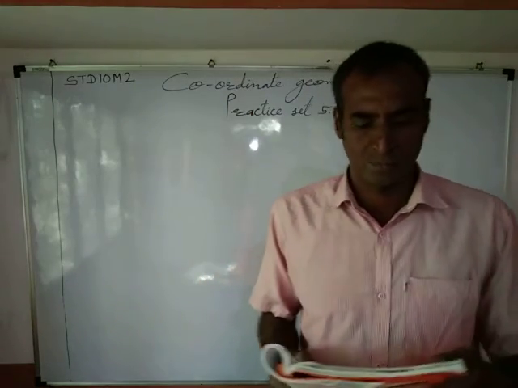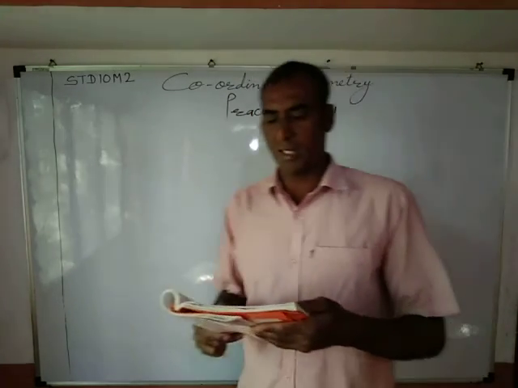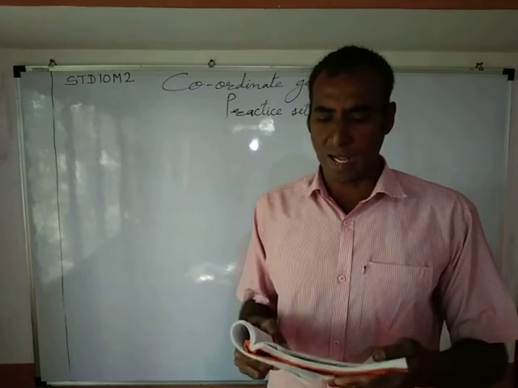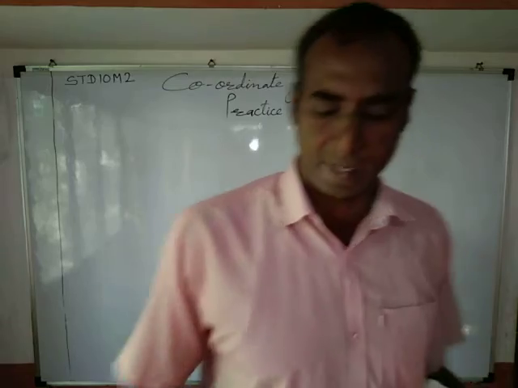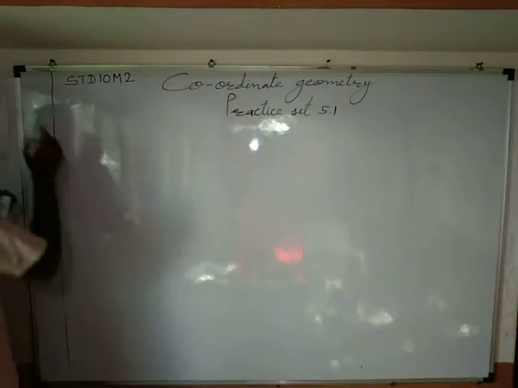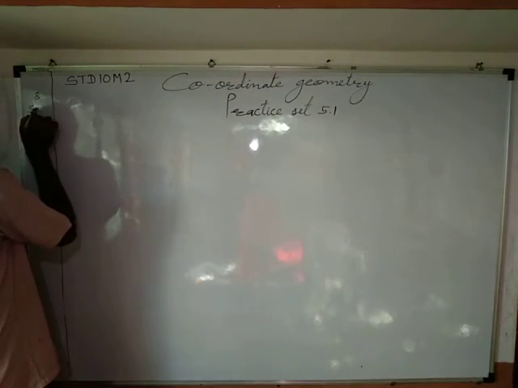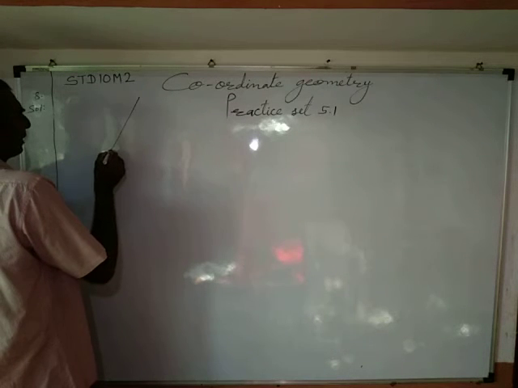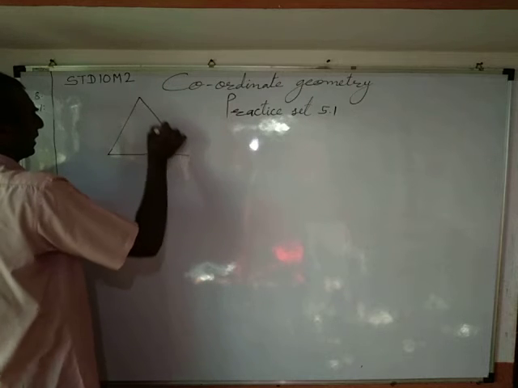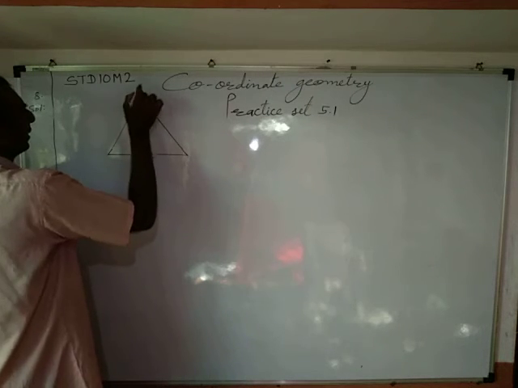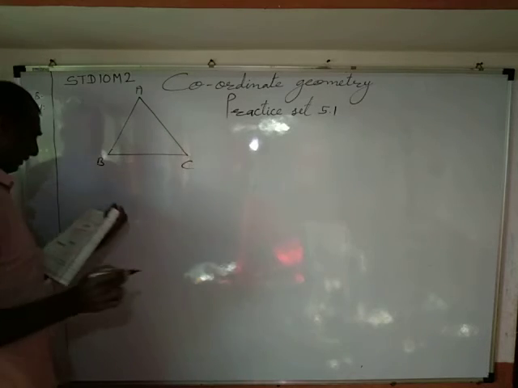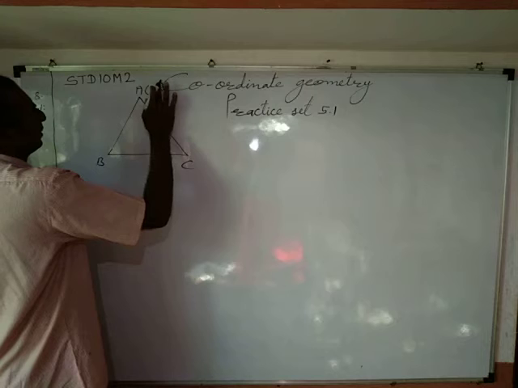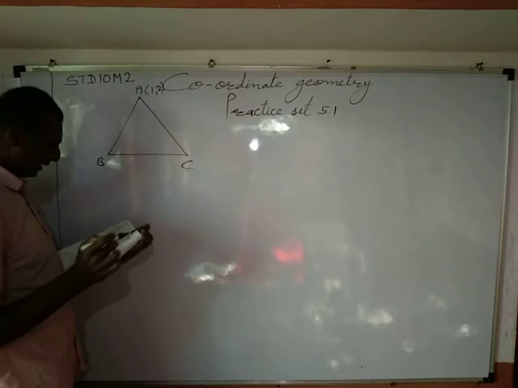Question 8. Show that the points A(1, 2), B(1, 6), C(1 plus 2 root 3, 4) are vertices of an equilateral triangle. Solution. We are interested to prove that the given vertices are vertices of equilateral triangle ABC. An equilateral triangle is a triangle whose all sides are equal.